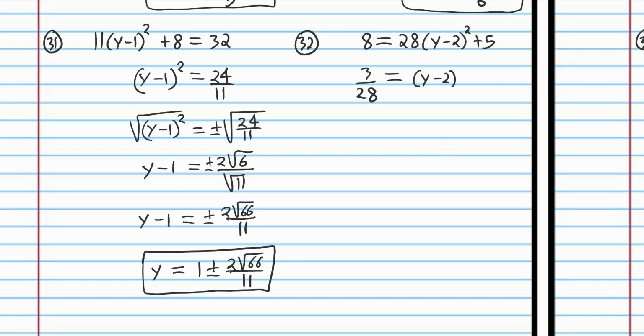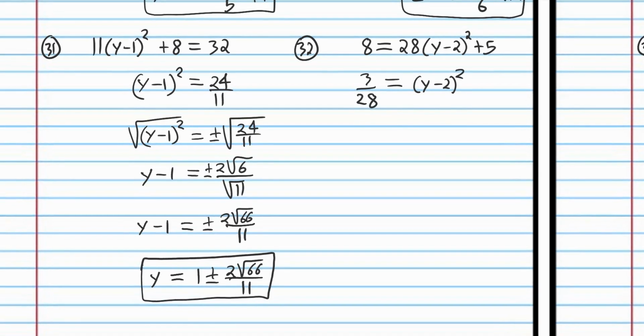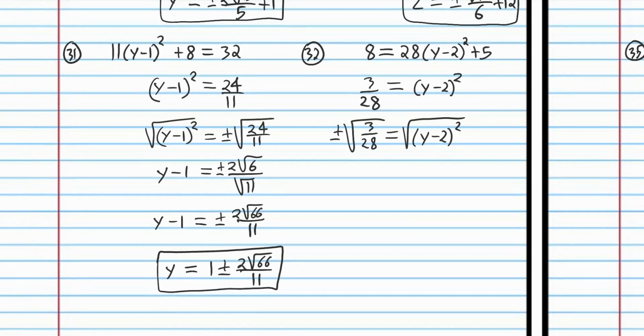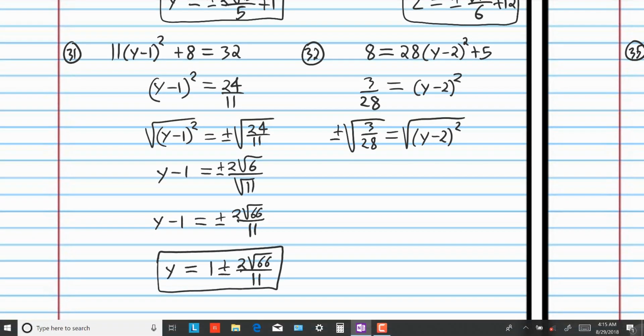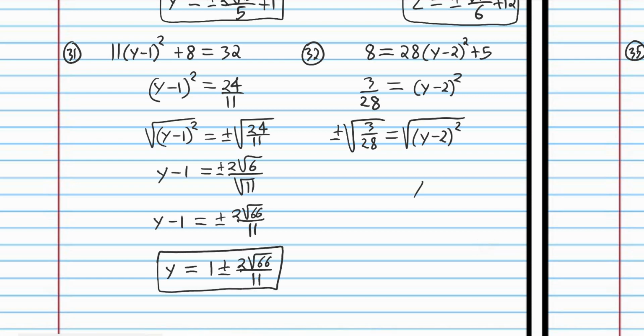Isolate the square by doing 2 steps at once. Square root both sides. And I'm just going to do all of that in one step.